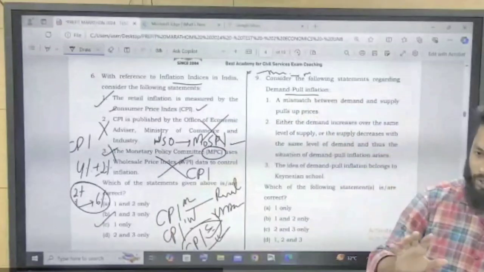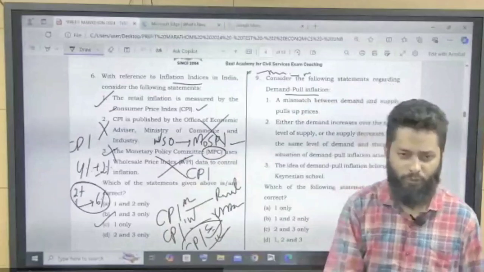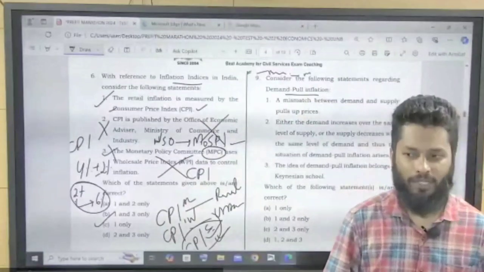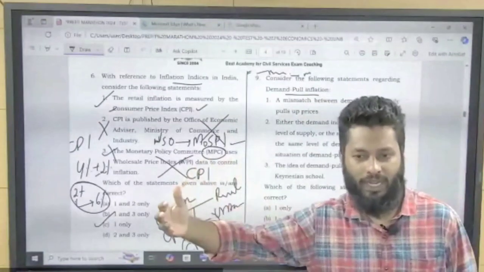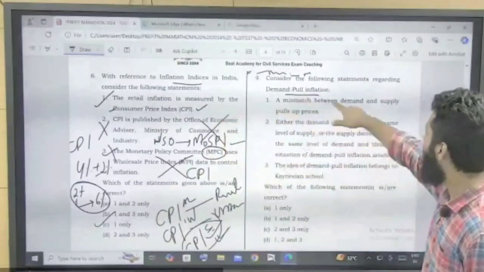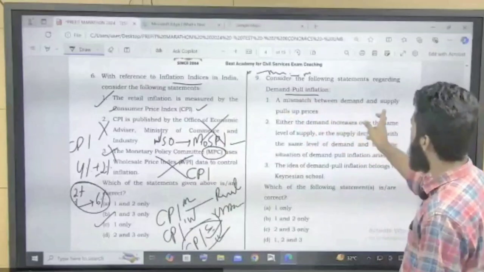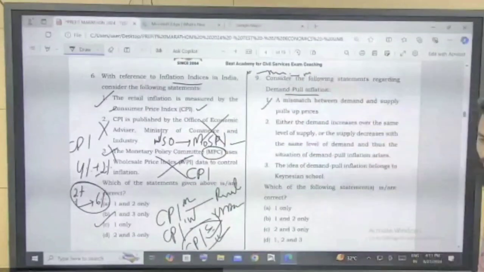Understood? If you have understood this point, that people are having money but production is not adequate, inflation will happen, and that inflation is known as demand pull inflation. A mismatch between demand and supply pulls up prices. True.